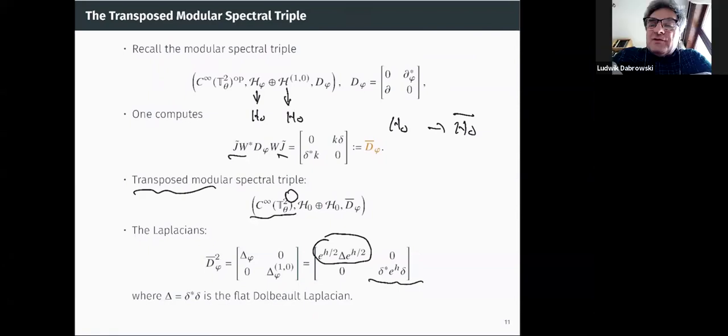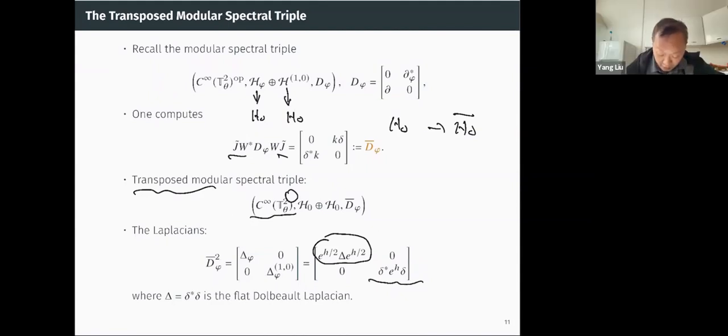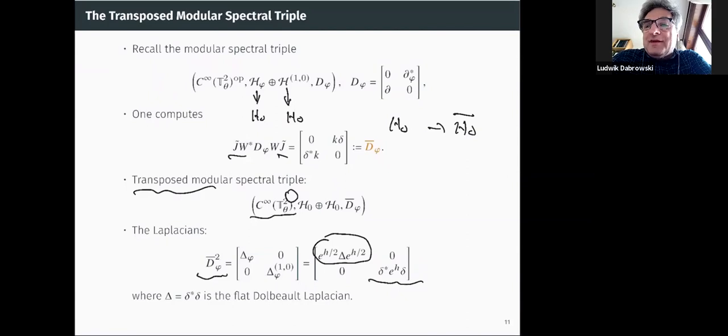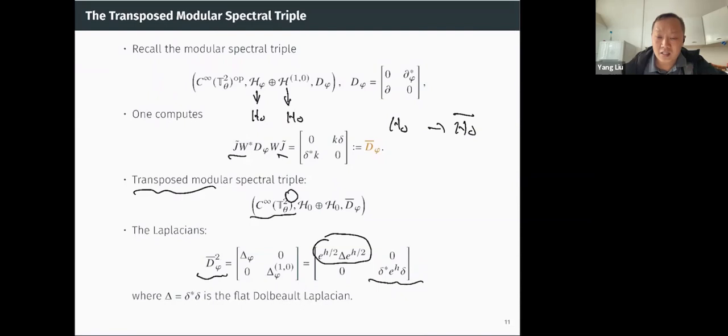Actually, this formula for this D bar psi appears in Connes-Moscovici, probably, in this paper. Yes, this looks quite different from other expressions, but you explained how they really got it, with details. Yes. I think at least this one is the same as the one used in Masu's talk in the first part.